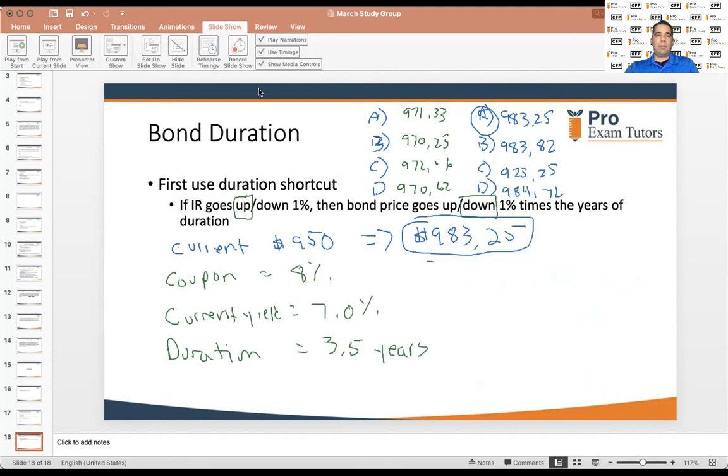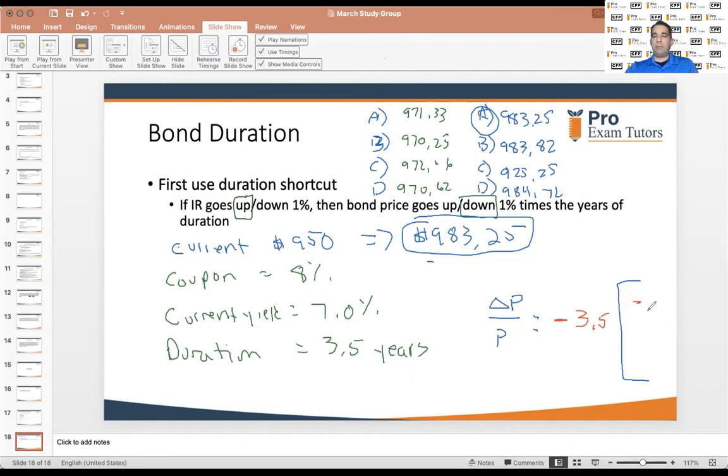Let's look at our formula. So what is our formula? It's negative duration. The change in the bond price relative to the price is a negative duration, so this is always negative. So negative 3.5. And let's close this off. What is our yield change?